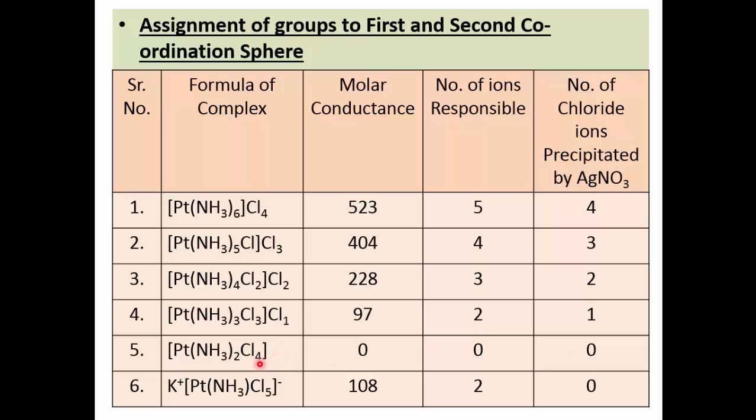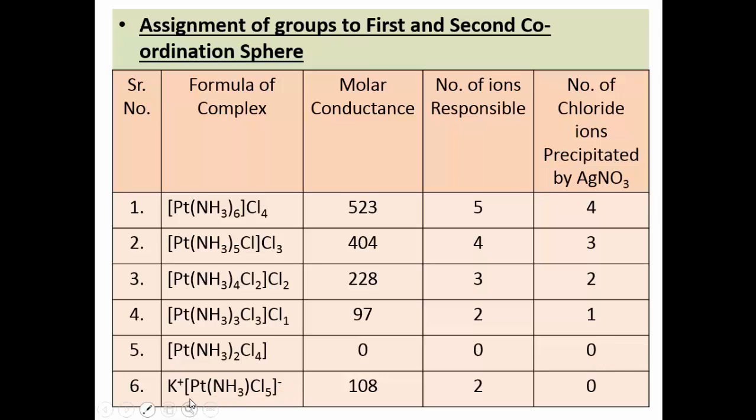All these 4 chloride ions, 2 ammonia molecules and platinum are present in the first coordination sphere. So platinum +4, ammonia 0, chloride -4, that means 0. This is proved with the help of the molar conductance value. 0 molar conductance value indicates no ions are formed in this complex. No ions are precipitated by silver nitrate.